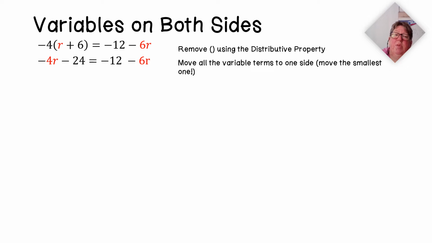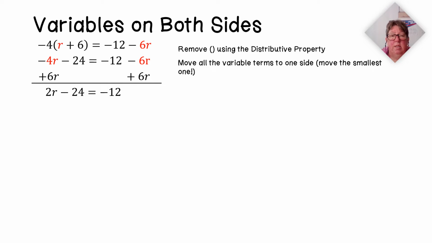What can I add to both sides to make that minus 6r a 0? I'm going to add positive 6r. And when I do that, I get 2r minus 24 is equal to -12. My -6r plus 6r is a 0, so it's gone. So now I have a regular multi-step equation.